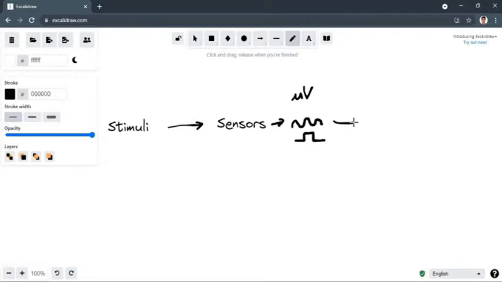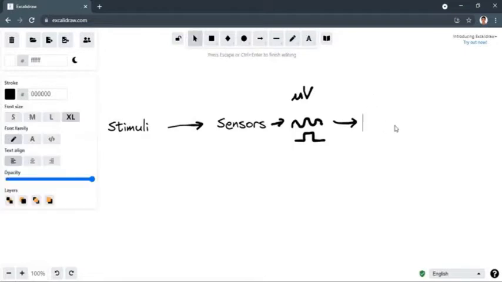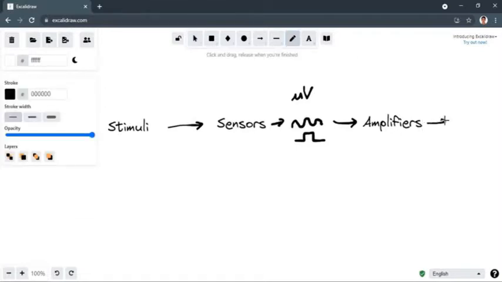So that's where amplifiers come in, to amplify this signal. Okay, so from microvolts, usually amplifiers are used to amplify a signal on average to a 1,000 times level. So from microvolts it becomes millivolts. Then from the amplifier, it will go through other stages as well, like filters, whatsoever.